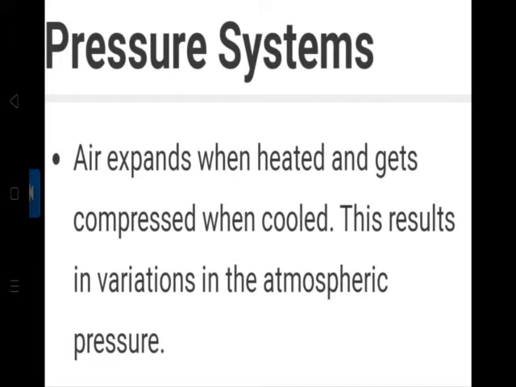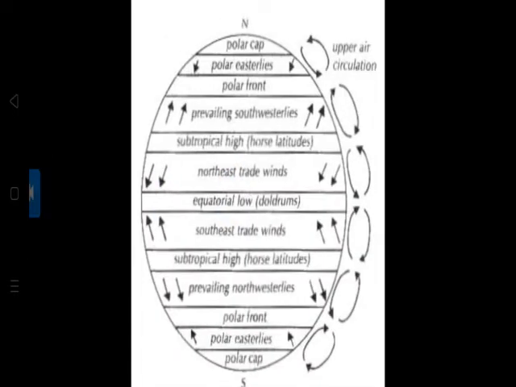The horizontal distribution of air pressure across the latitudes, if you look at the diagram, is characterized by high and low pressure belts. This is, however, a theoretical model because pressure belts are not always found as such on the earth. It is just theory based. We will see later how the real condition differs from the model which has been shown.